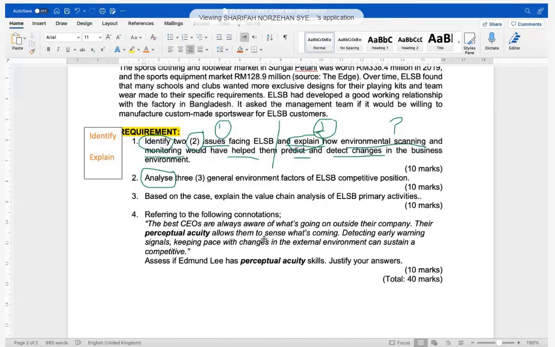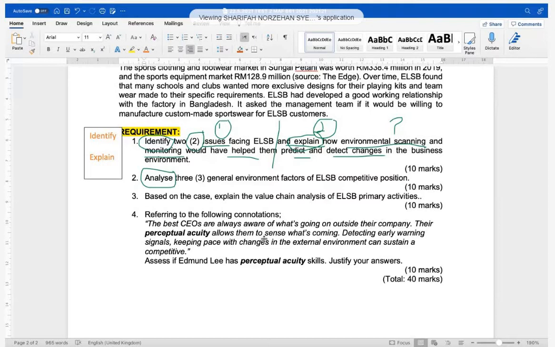General ones, which cannot be controlled or predicted. When we talk about general environment factors, and they're talking about competitive position as well, is it internal or external? External. So we're talking about external.